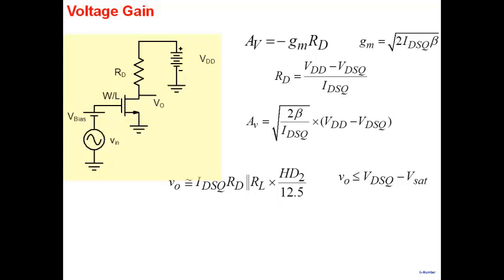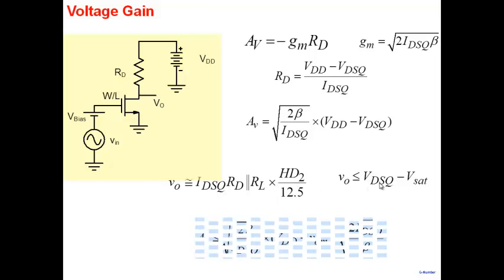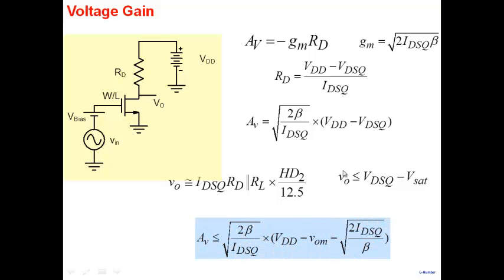So we know that AV is given by this expression here. But we know that VDSQ has an impact on voltage swing. There are two limitations on voltage swing, one here and the other one over here. Suppose you want to design your amplifier with a certain voltage swing.